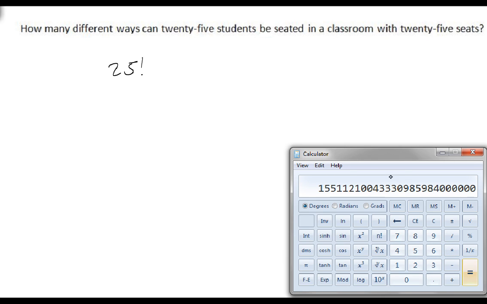That's how many possible choices there are. And I'm not going to bother writing that out. That just gives you the illustration of how many permutations there are, and it's n factorial.